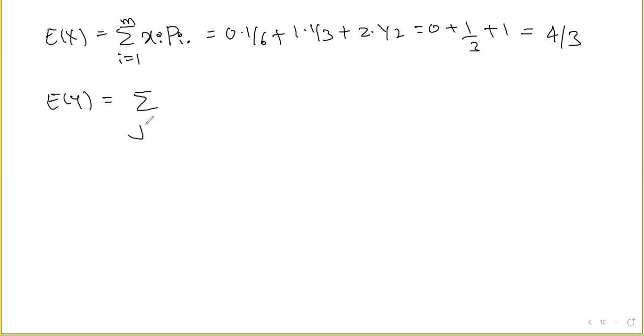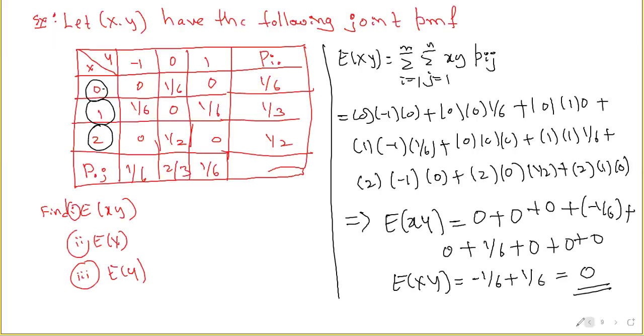Now we need to find expected value of y. That is summation j running from 1 to n yj p dot j, which is equal to, see what are the values of y? Minus 1, its probability is 1 by 6, 0, its probability 2 by 3, 1, probability 1 by 6. Is it clear? To find out individual expectation, whenever the data is distributed two-dimensionally, we require marginal probabilities.